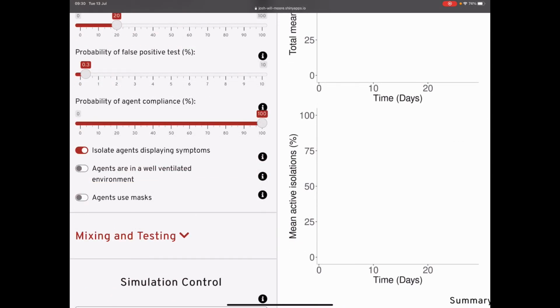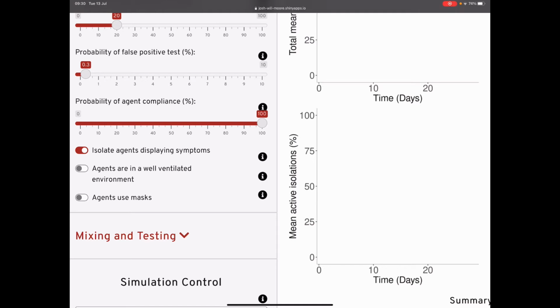Probability of agent compliance. Now, this is quite important because it's this idea that even if I do get a positive test, do I isolate? Currently, we've set it at 100% because we have the idea of in an educational setting, the teachers are the gatekeepers to the classroom, so they will be able to see the test results. And if at any point they see a positive test, they will send that child home. But external to schools, this may not be 100%.